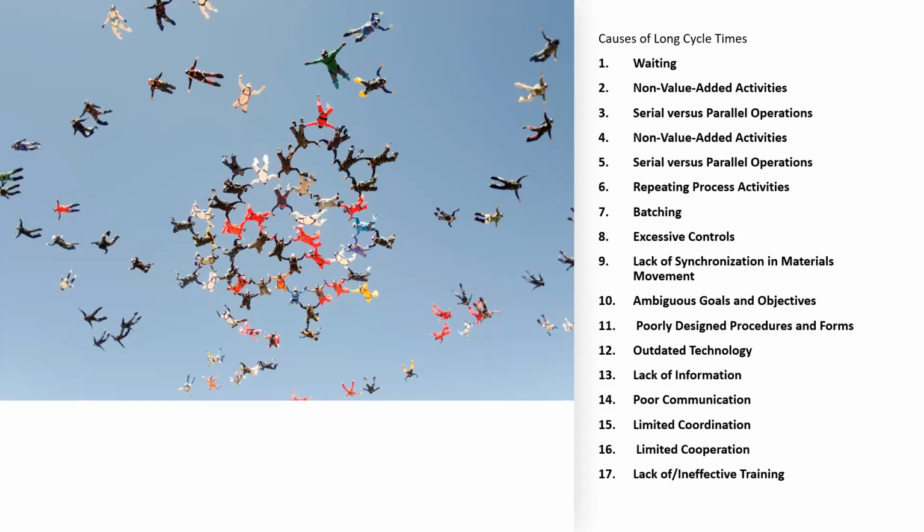Then some of the things that have been repeated: excessive controls, lack of synchronization in material movement, ambiguous goals and objectives, poorly designed procedures and forms, outdated technology, lack of information, poor communication, limited coordination, limited cooperation, and lack of or inefficient training.